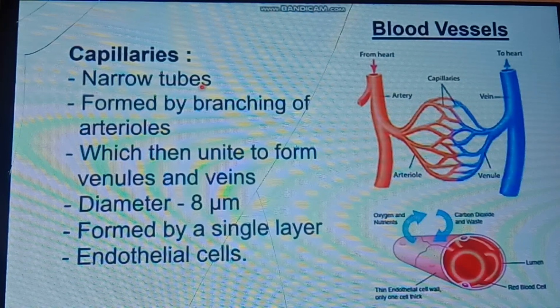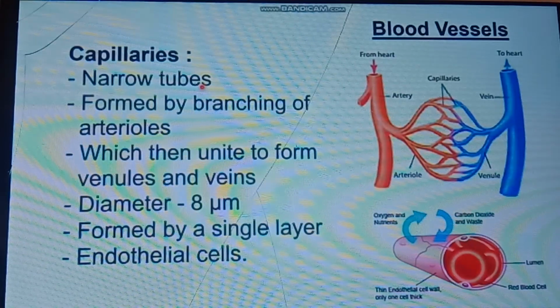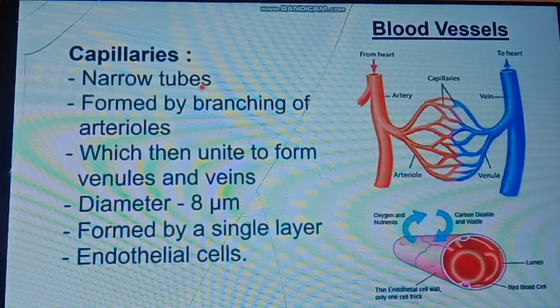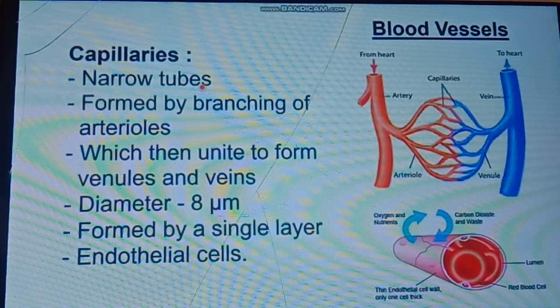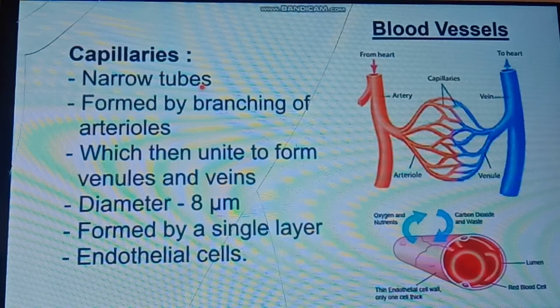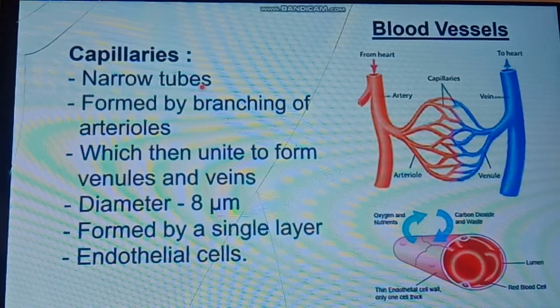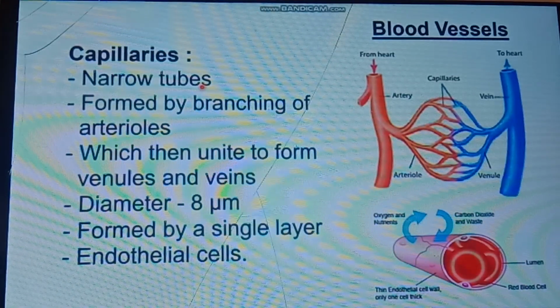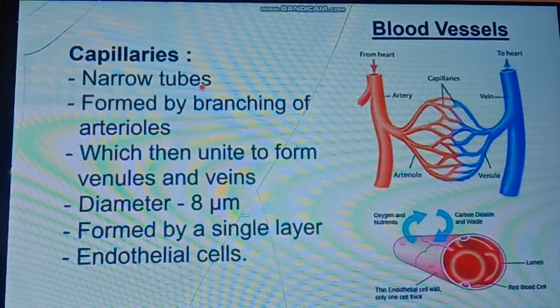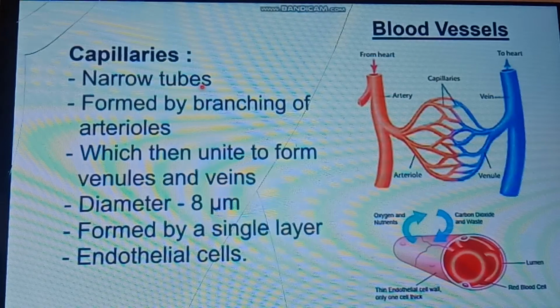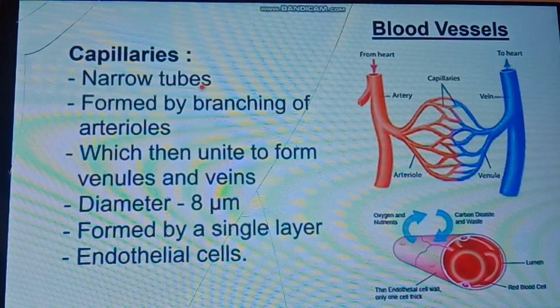Next, veins. Veins are thin and non-elastic vessels that transport blood to the heart from the different organs. Next one is capillary. Capillaries are narrow tubes formed by the branching of the arteries and they unite to form veins. They are about 8 nanometers in diameter.